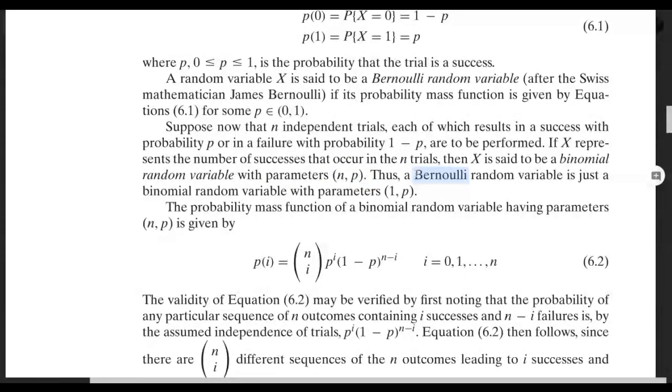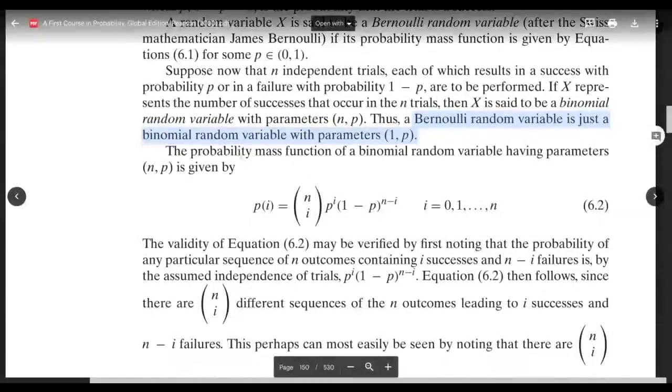Thus, a Bernoulli random variable is just a binomial random variable with parameters (1, p). Right? So the Bernoulli random variable is a special case of the binomial random variable.